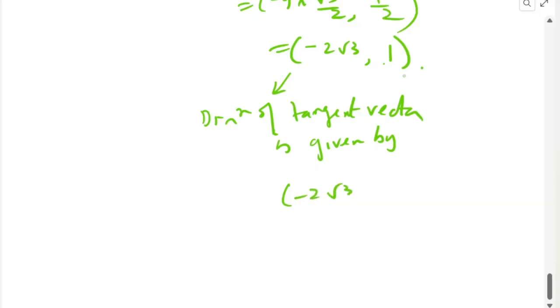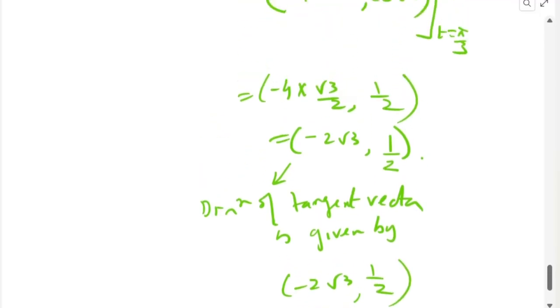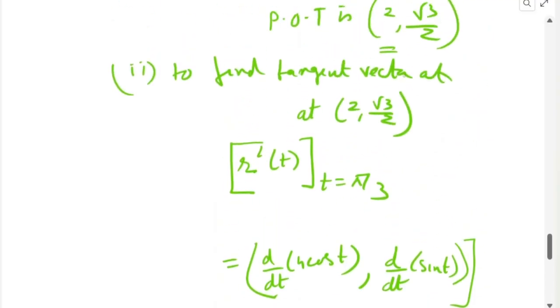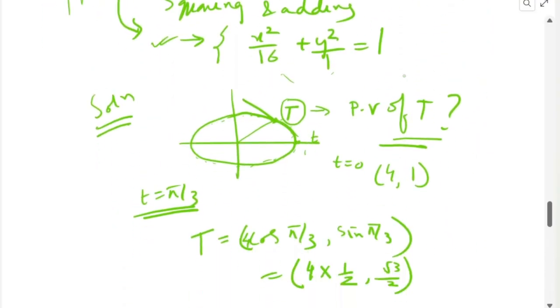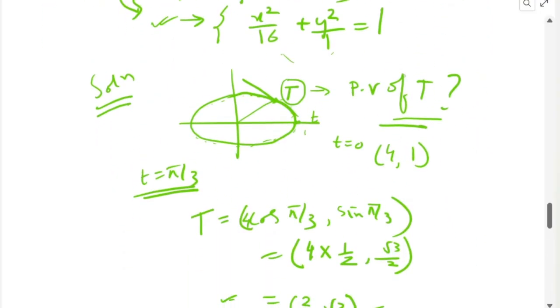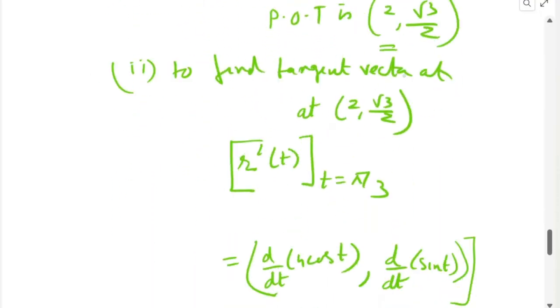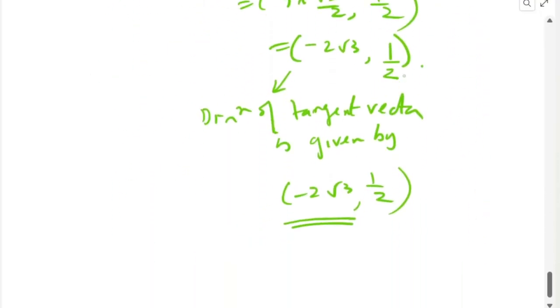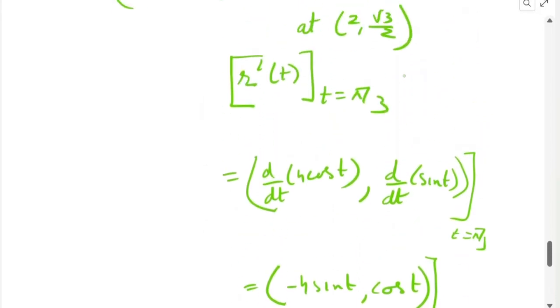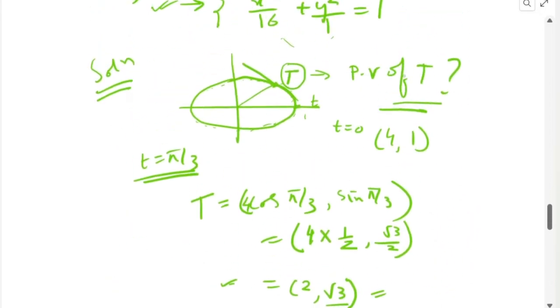One thing I have made a mistake, it is half here. So half. Okay. So how does it look in the figure, you see? How does it look in the figure? So this one minus, what did I get last? Minus 2 root 3 half. So minus 2 root 3 half.